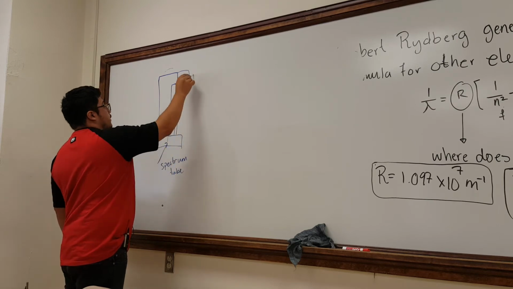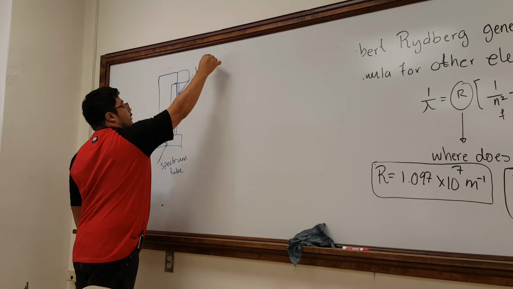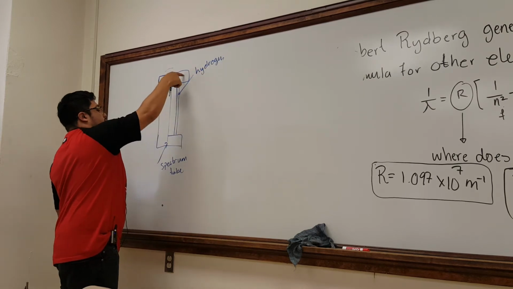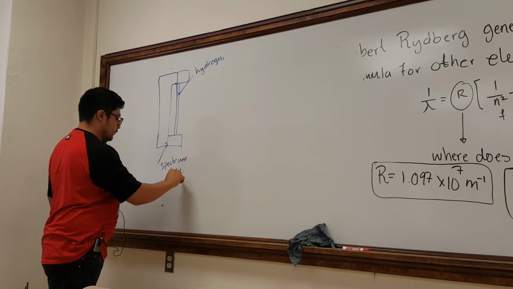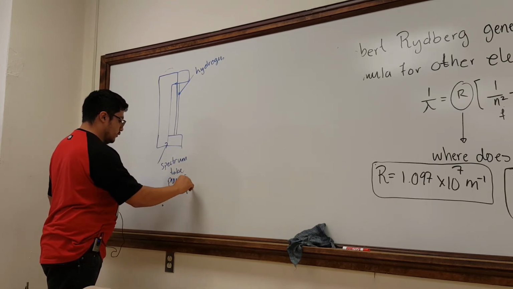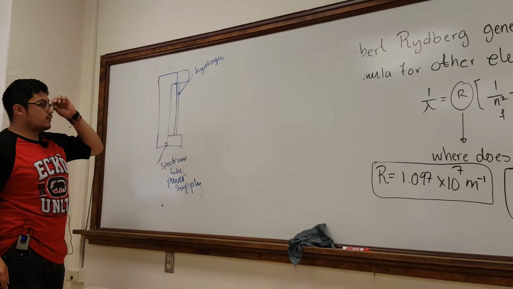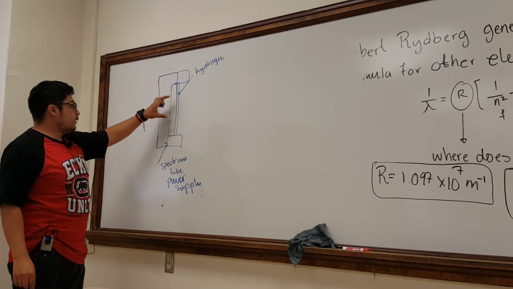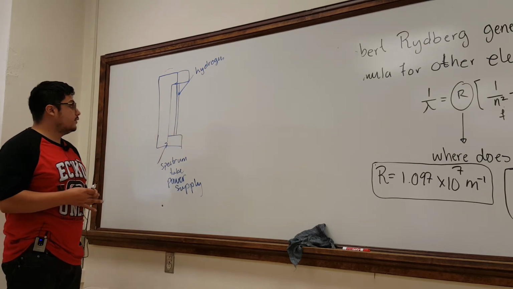And then let's say here we have hydrogen, it's a hydrogen lamp. And this one is the power supply. What it is doing is applying a discharge, which is going to result in the emission of lines, as I previously mentioned.